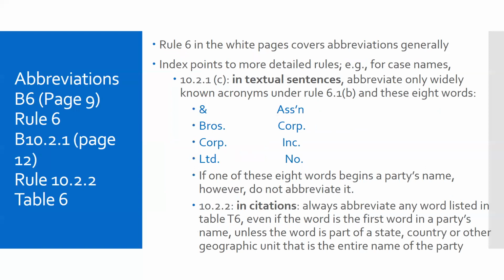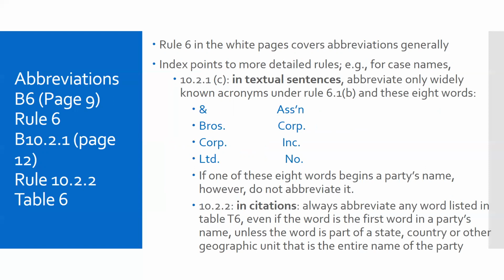So one thing to remember is how to do abbreviations in textual sentences versus a citation. If you look at page 12 in the blue pages, it's going to say that when we're citing in a textual sentence, we're only abbreviating known acronyms under Rule 6.1 and the 8 words listed on the slide.